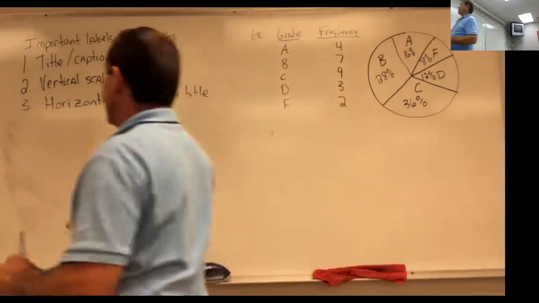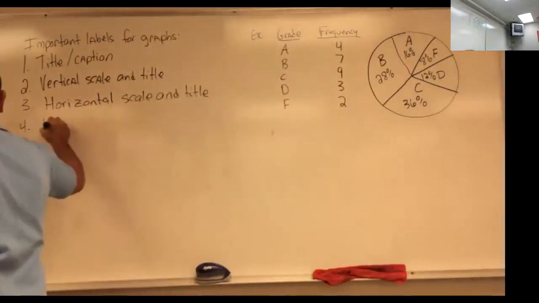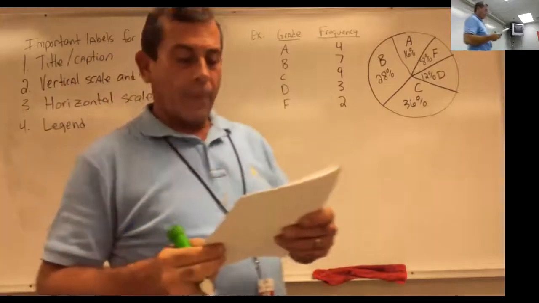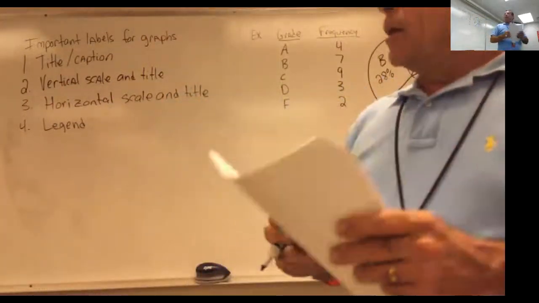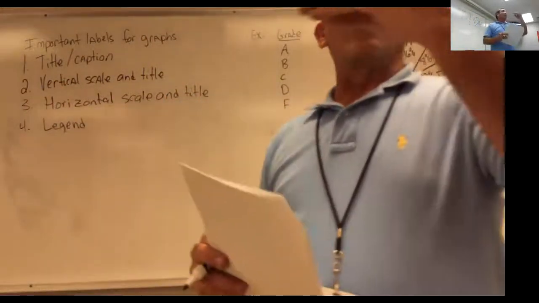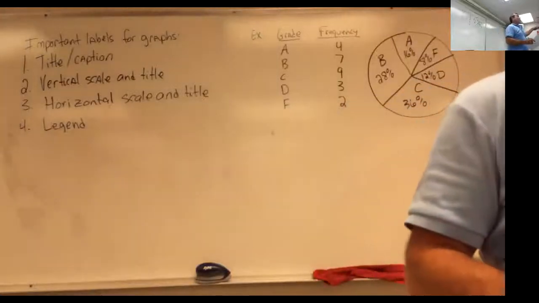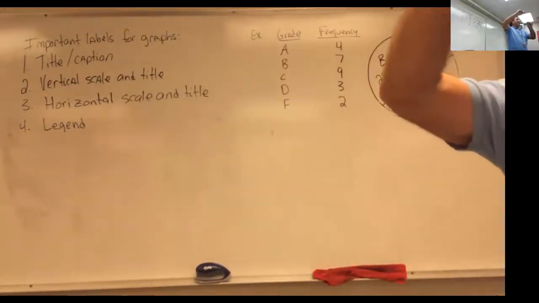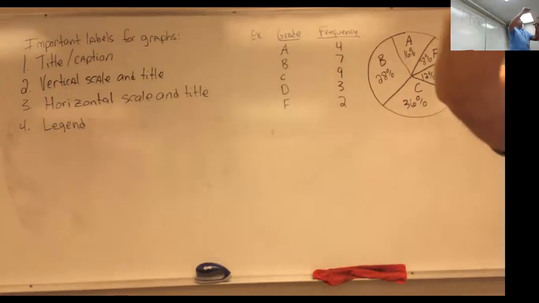And then a legend. So what they mean is if you have more than one data set you're looking at, sometimes you'll see graphs use a red line for one data set, a blue line for another data set.